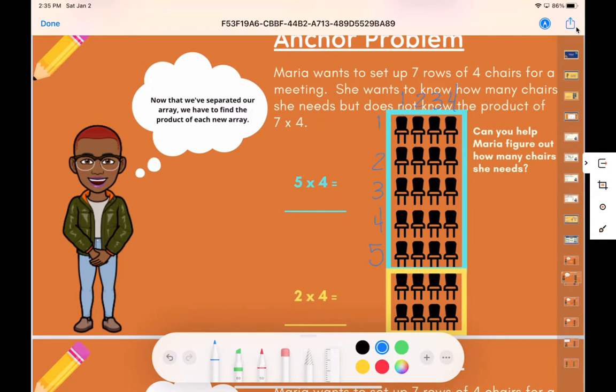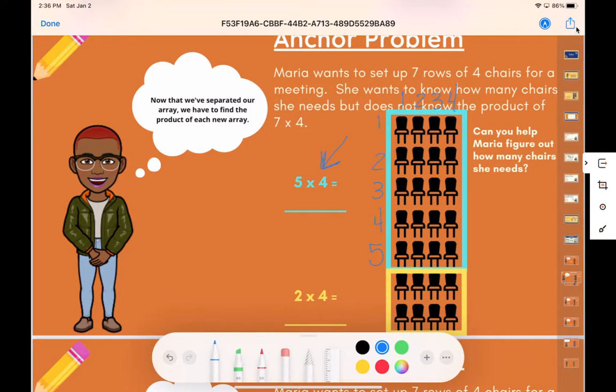So I have 5 rows and 4 columns. That tells me that my multiplication problem here is 5 times 4. Well, even though we may not know what 7 times 4 is, many of us know what 5 times 4 is because we know how to count by 5s.